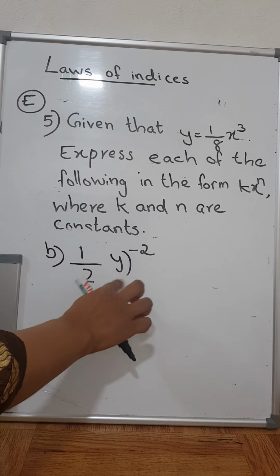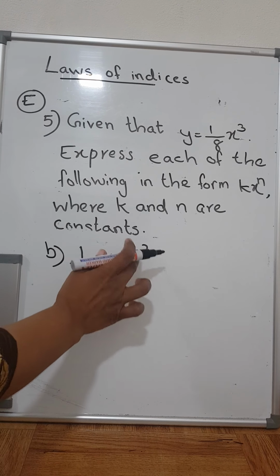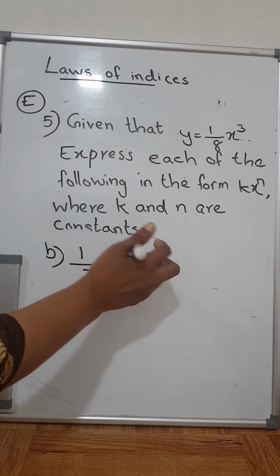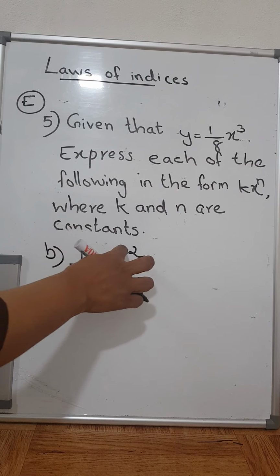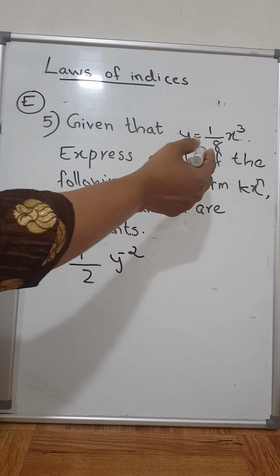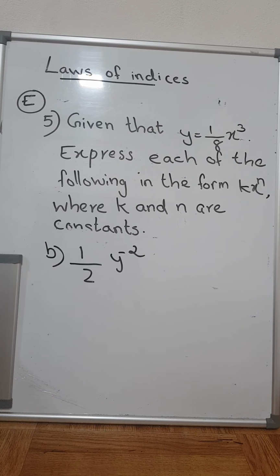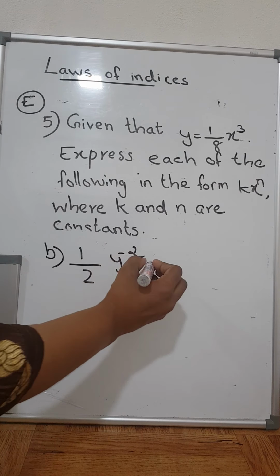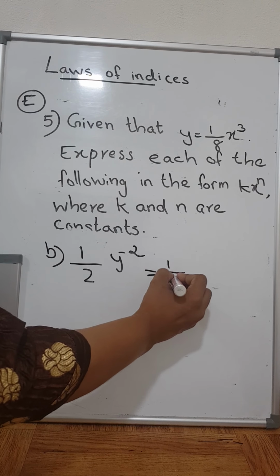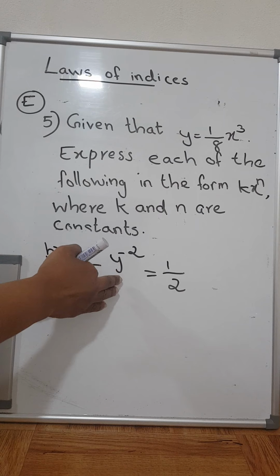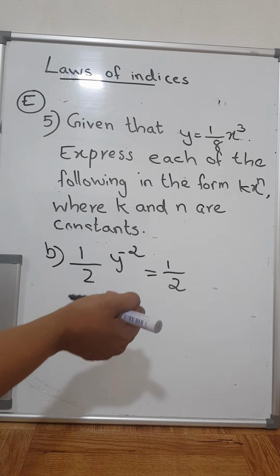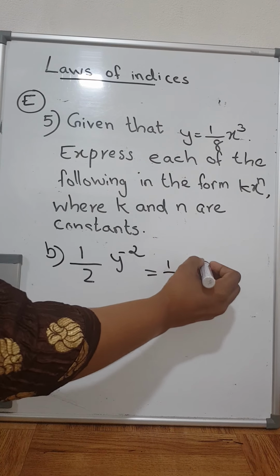Brackets are not necessary, only y has the power minus 2. We have to represent it in the form kx to the power n. So what do we do first? Yes, as we did before, we will replace y by 1 by 8x cubed. We know that y is 1 by 8x cubed.